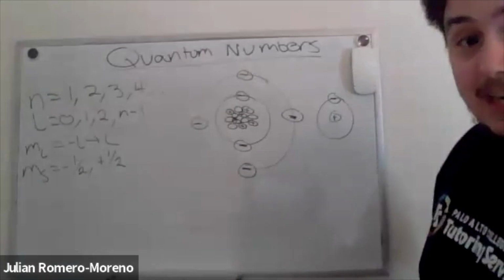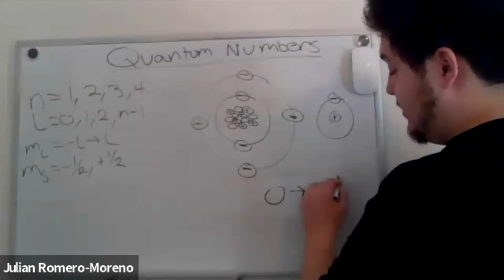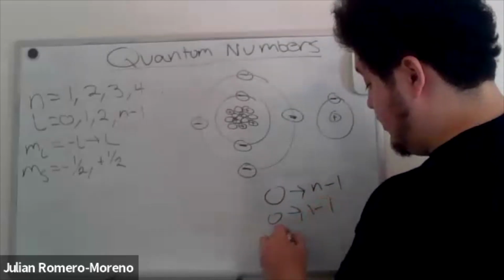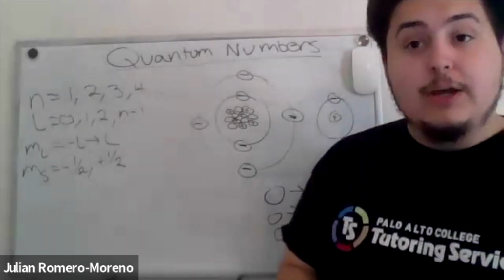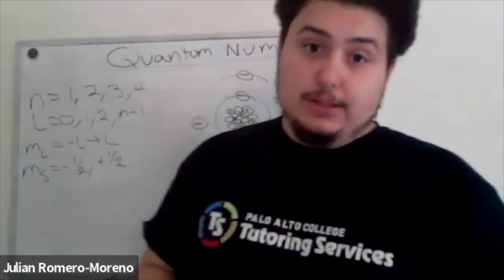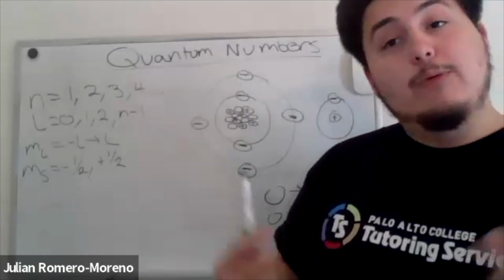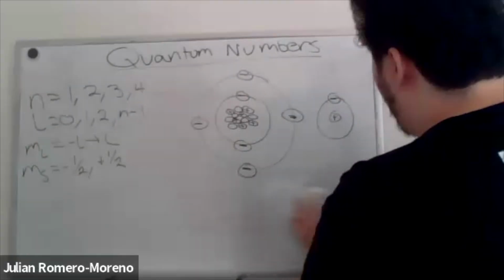So for something like hydrogen, 0 to n minus 1 is just 0 to 1 minus 1, which is just 0 to 0. So there's only one possible angular momentum, which represents our subshells. So there's only one subshell for hydrogen, which is s. We'll go over that in a later video.